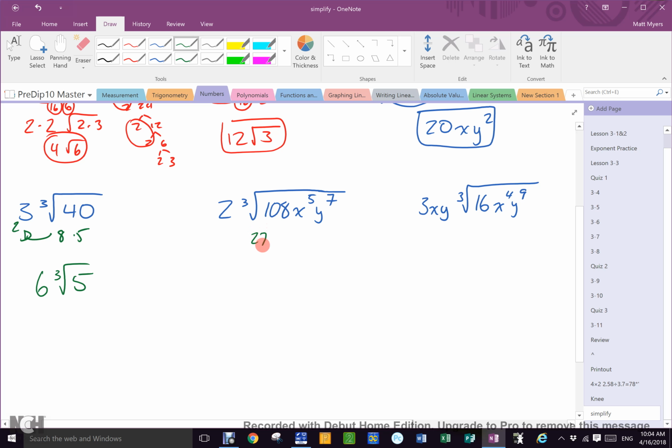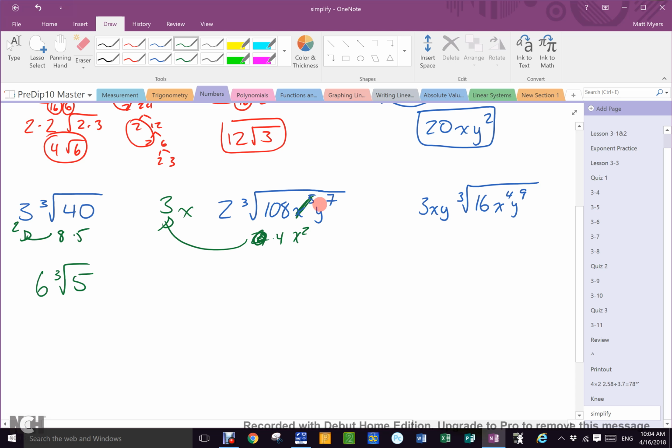108 is 27 times 4. Why did I choose 27? Because it's got a cube root. What is it? 3, so out comes a 3. How many x's can I get out of there? 1, which takes up 3 of them, leaving me with how many? 2, because I took out 3 of them.